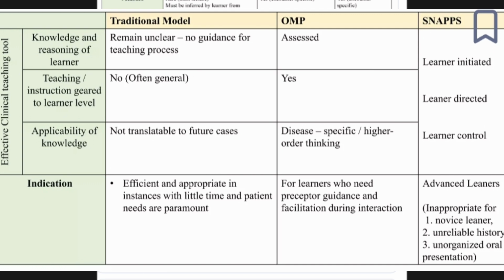Learner has no responsibility per se for training in OMP, but yes, they have to focus on tasks that are given to them in SNAPPS, and they are forced to take the lead in SNAPPS.